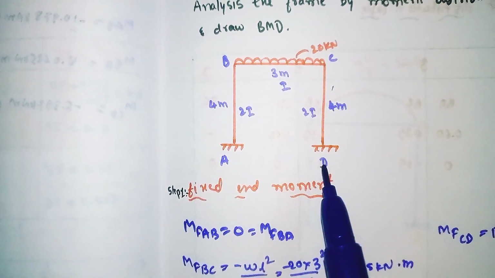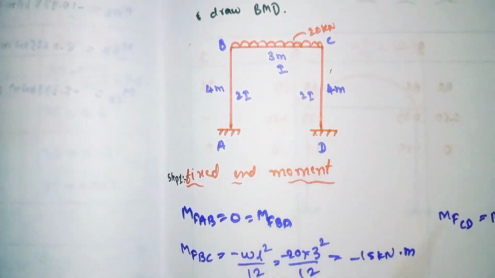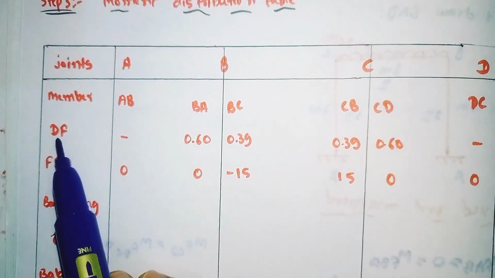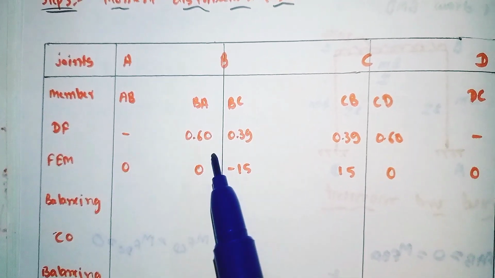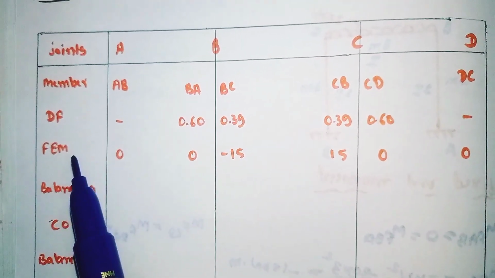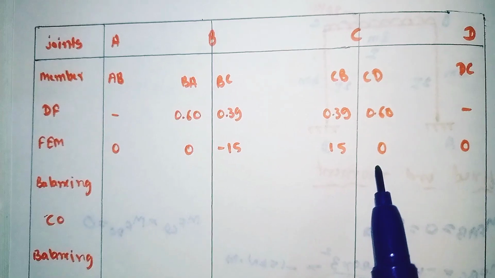For D we have only one member, DC. So I will show now. I have written here the distribution factor values which we have calculated, and the fixed end moment values also I have written here.